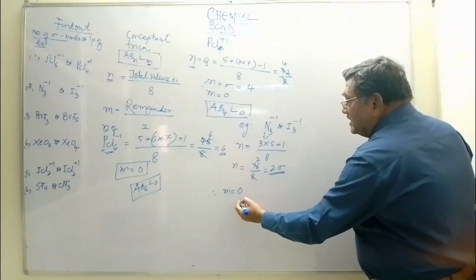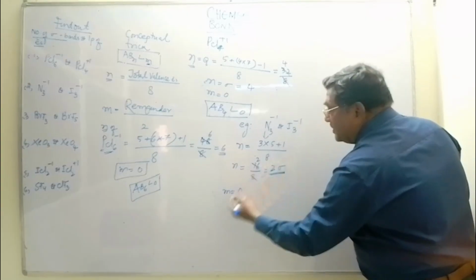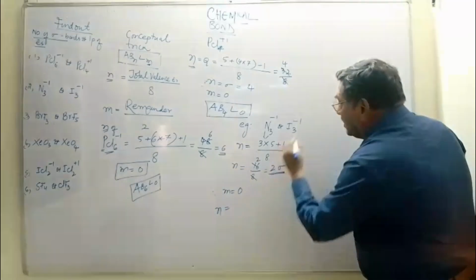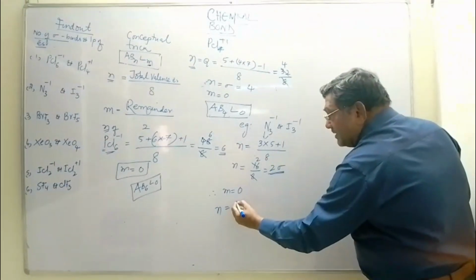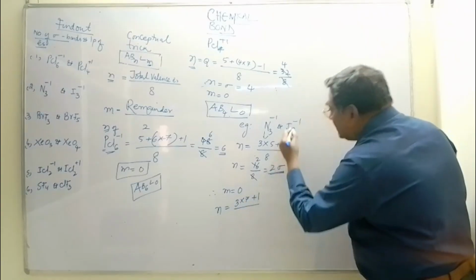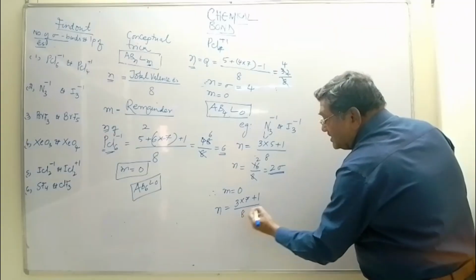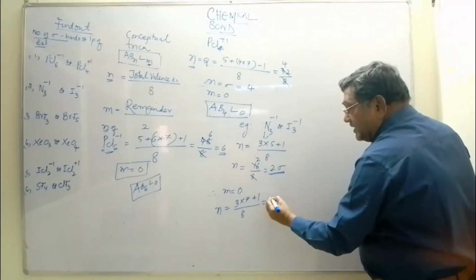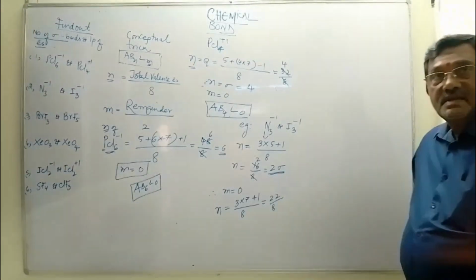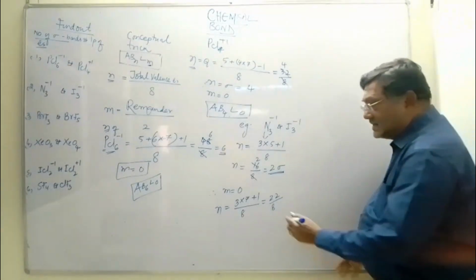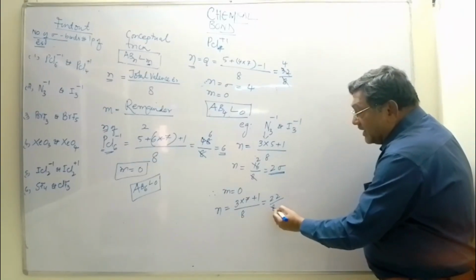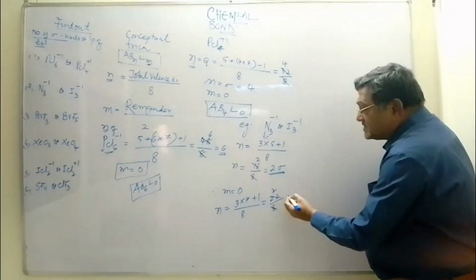Now the shortest way for I3 minus 1. Iodine is a 17th group element. So 3 into 7 plus 1, adding one more electron because of the negative charge, gives 21 plus 1, which is 22. 22 by 8. There is a problem here, so let's work it out. 8 twos are 16.